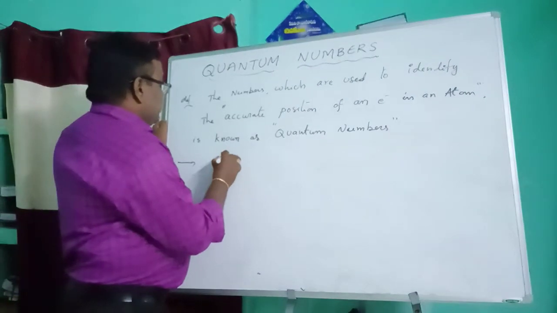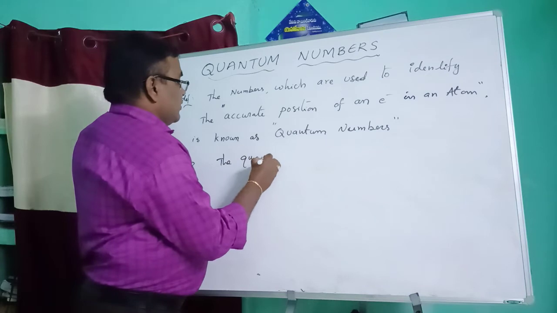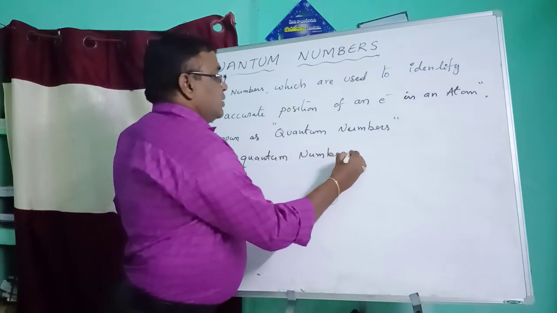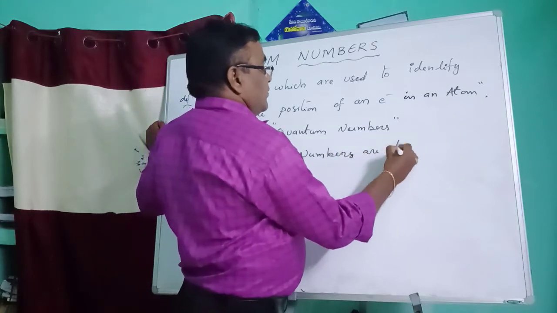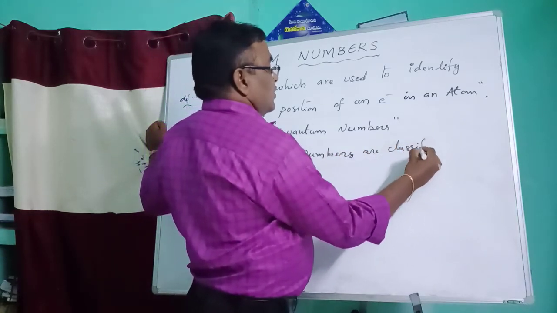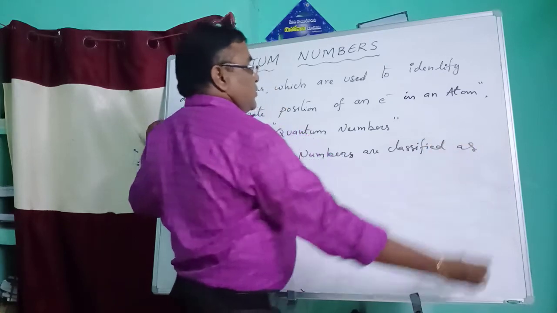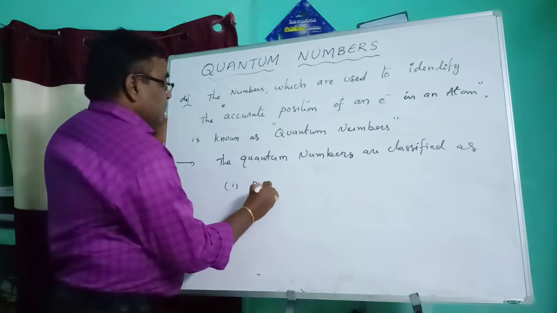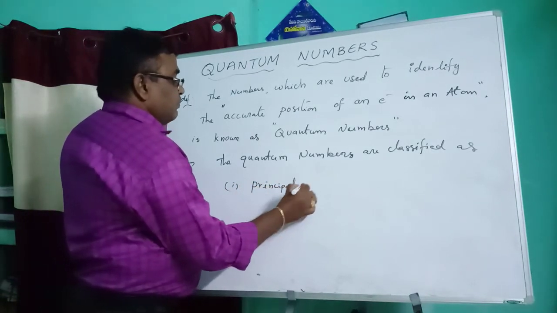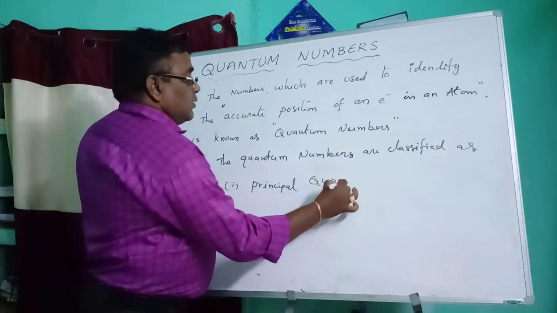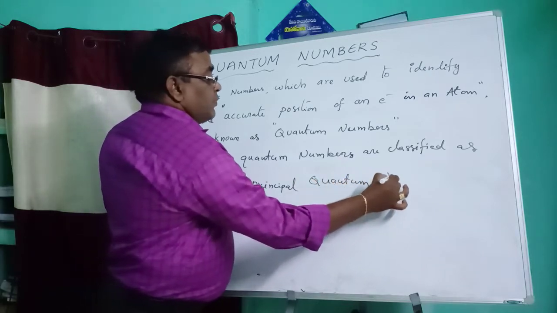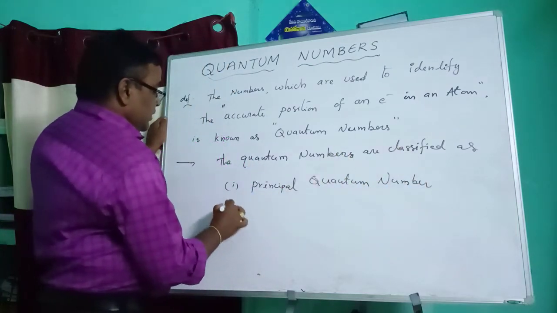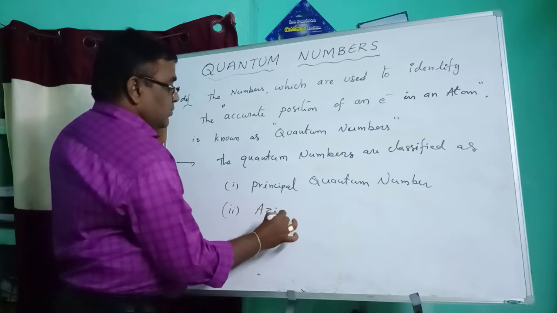The quantum numbers are classified as: first one is principal quantum number. Second one is azimuthal quantum number.